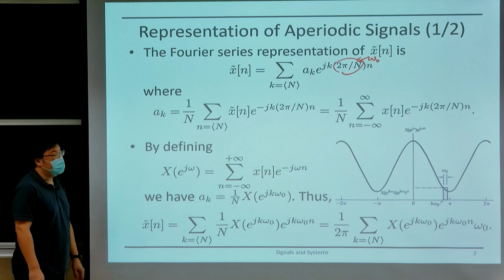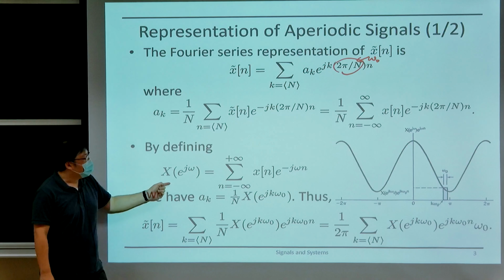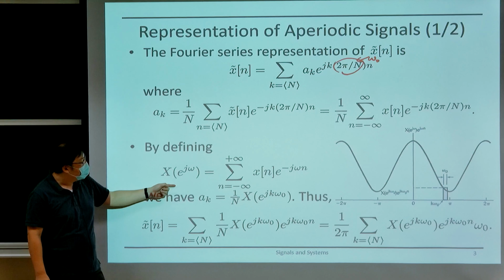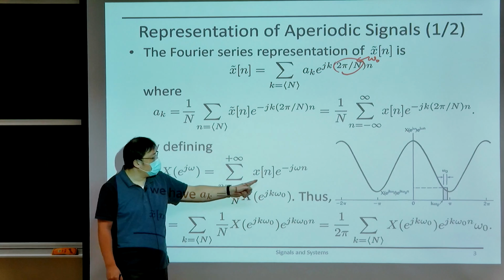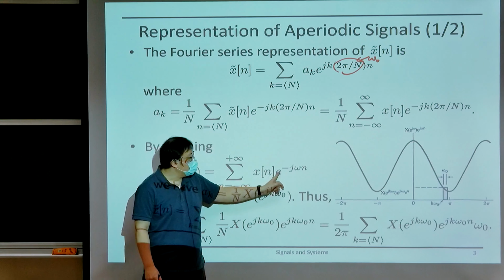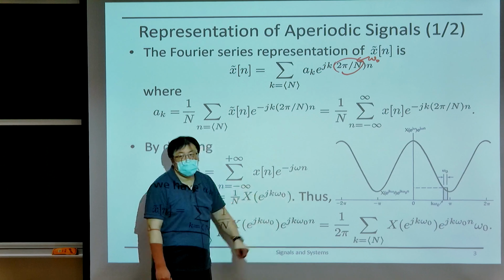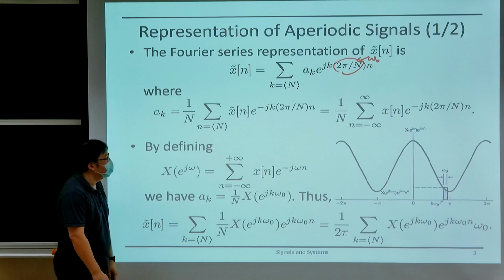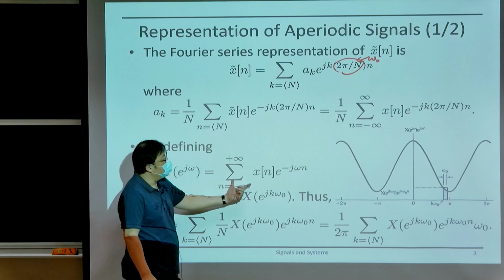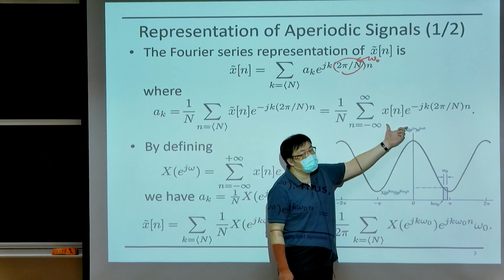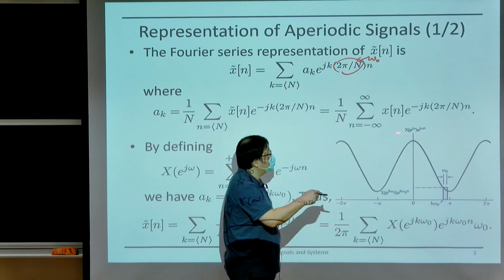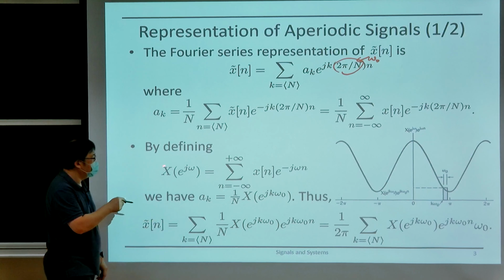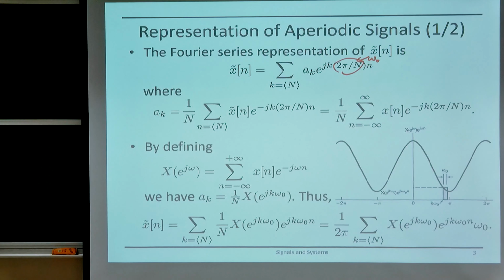All right. Now let us define this capital X as the summation of x of n times e to the minus j omega n. Okay? So if you compare this with this here, then this summation is actually just capital X of e to the j omega at omega equal to k omega naught, okay?